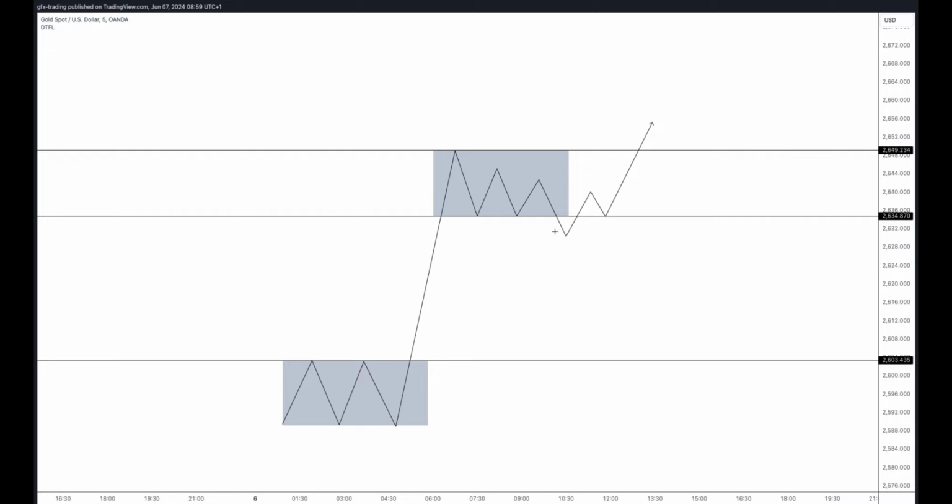What you've got here, okay, is I'm not entirely keen on this entry, okay? So you'll get this kind of accumulation where price seems to be moving down. It will move out and then back in pretty sharpish, but then it will start to respect the low of this accumulation.